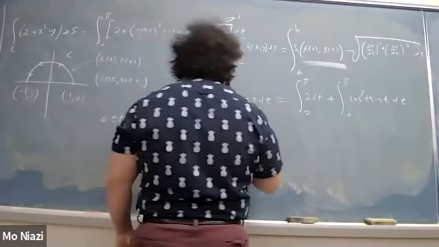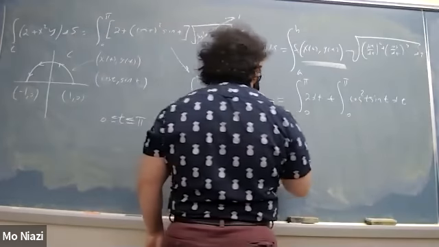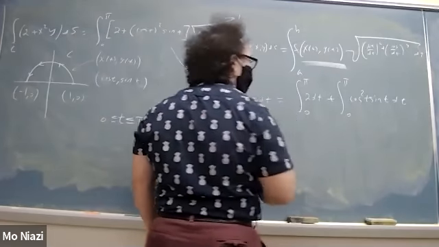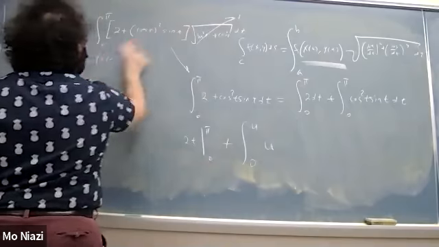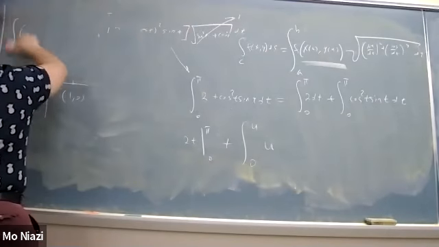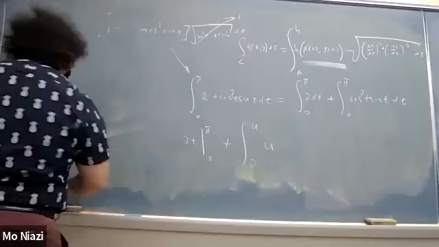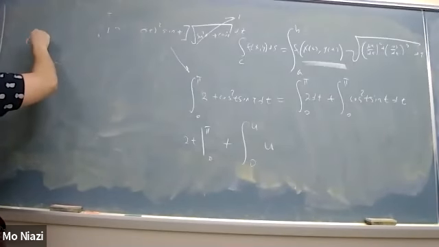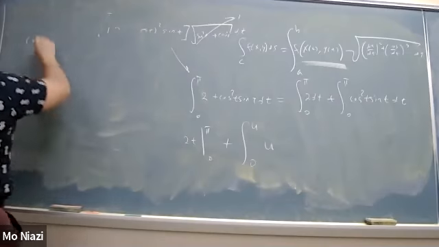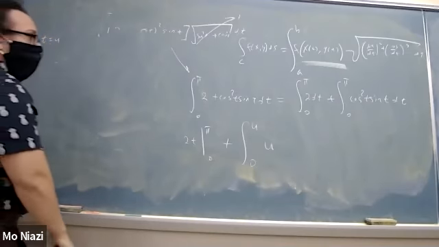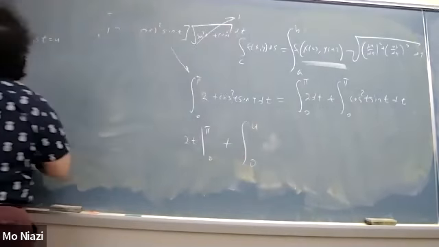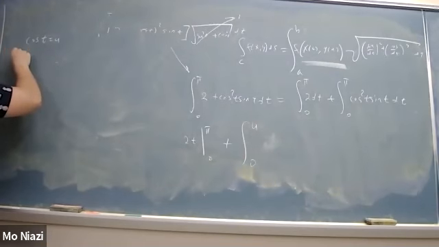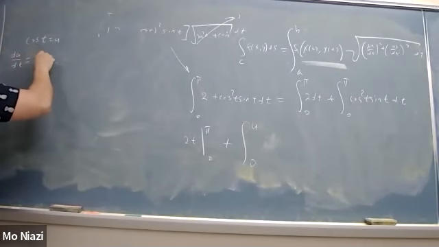Plus, to integrate that, we can do a u substitution. Let cosine of t equal u. Then du/dt, the derivative of cosine, is negative sine of t.